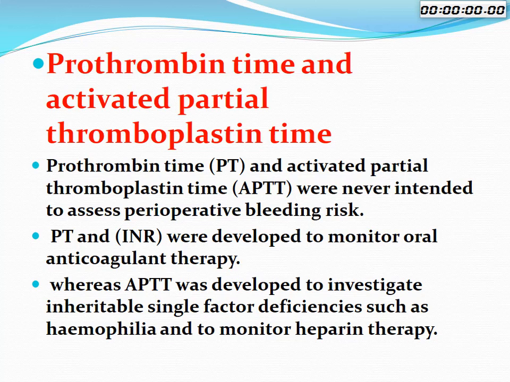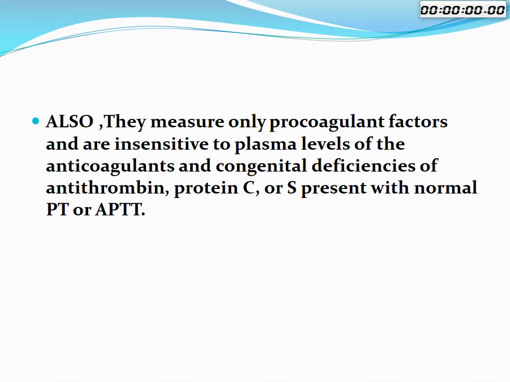Also, aPTT was developed to investigate inheritable single factor deficiencies, such as hemophilia, and to monitor heparin therapy. Also, they measure only procoagulant factors and are insensitive to plasma levels of the anticoagulants, and congenital deficiencies of antithrombin, protein C, or protein S present with normal PT or aPTT.